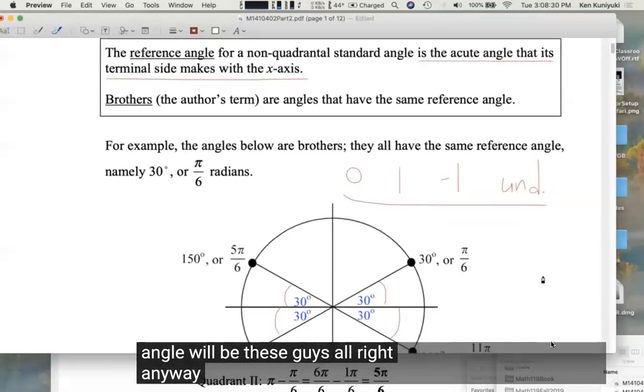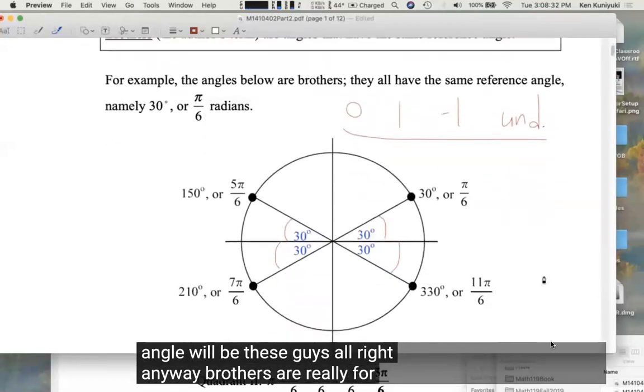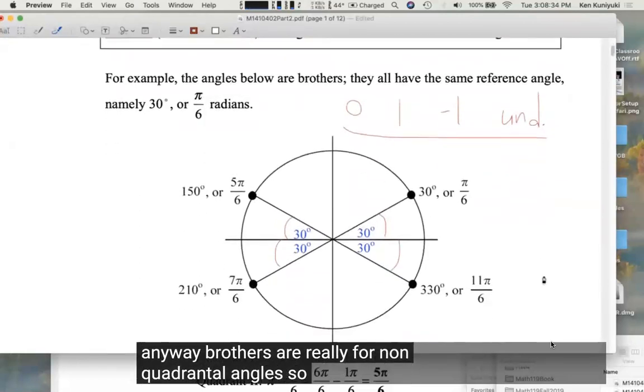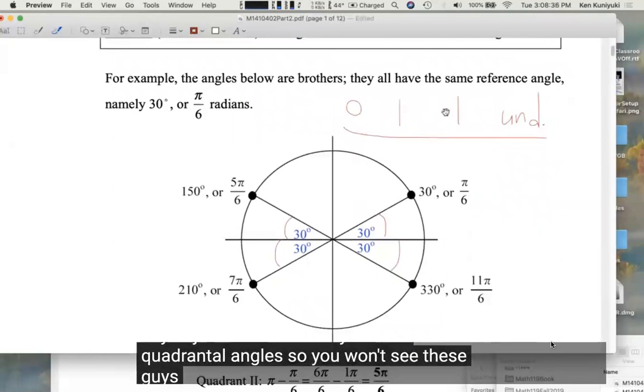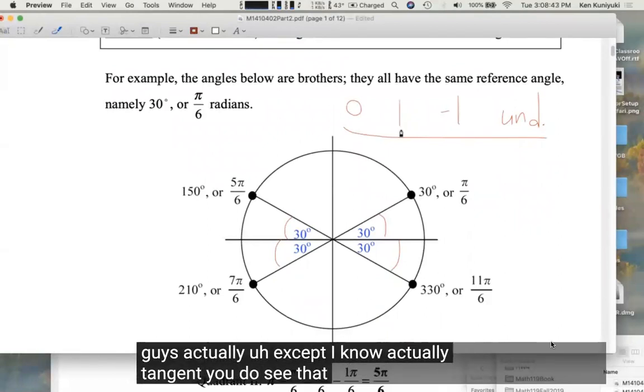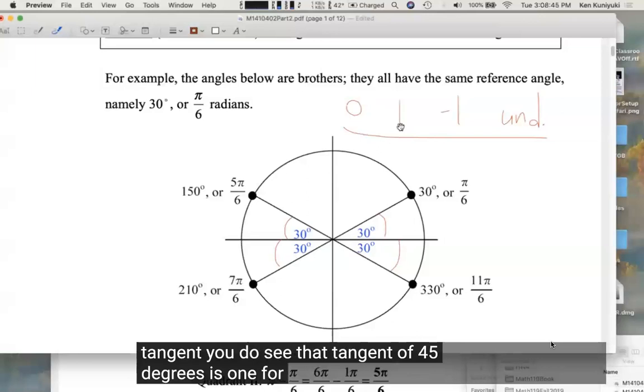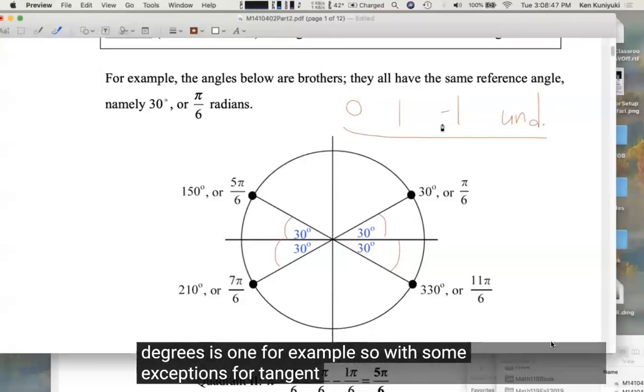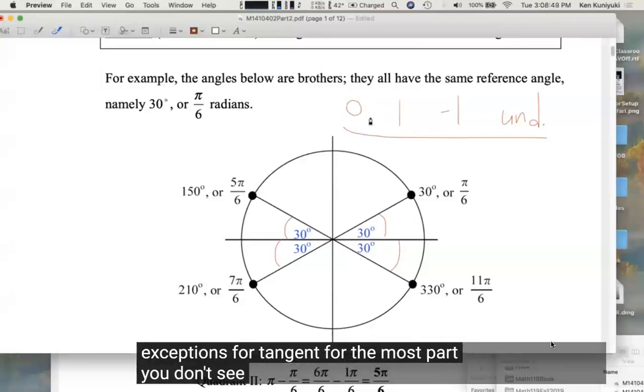Anyway, brothers are really for non-quadrantal angles, so you won't see these values, except for tangent. You do see that tangent of 45 degrees is 1, for example. So with some exceptions for tangent, for the most part, you don't see these for non-quadrantal angles. You do sometimes see these for tangent and cotangent.